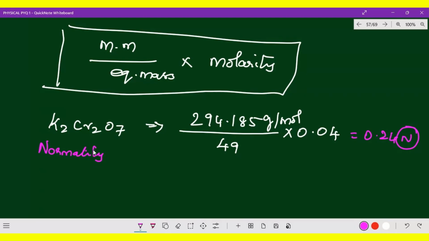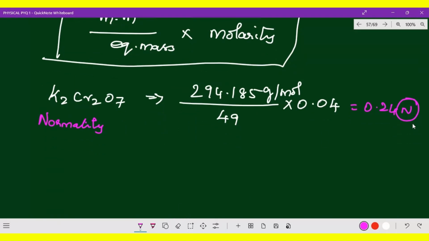So how do we identify normality? Molecular mass by equivalent mass into molarity. That is normality. I hope you got the clarity about this point.